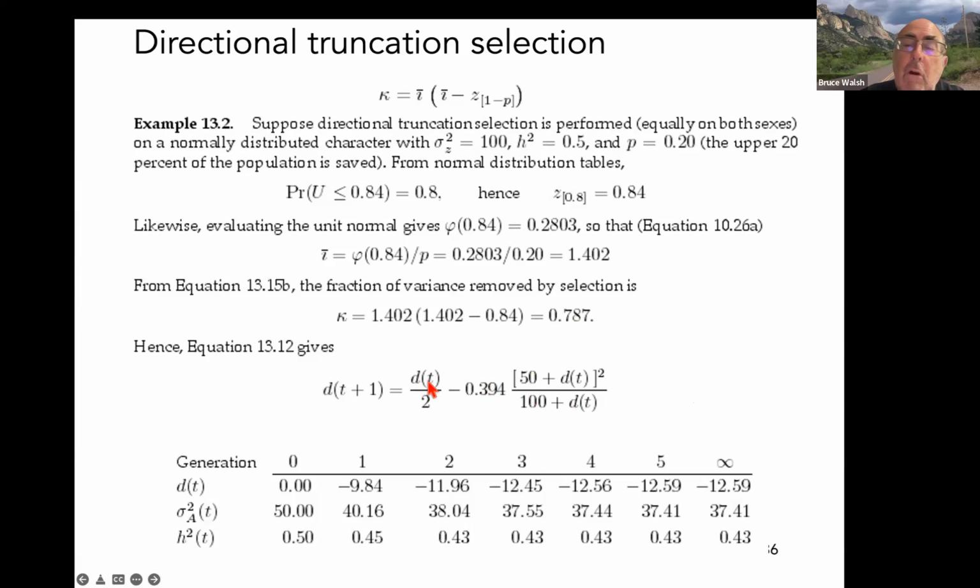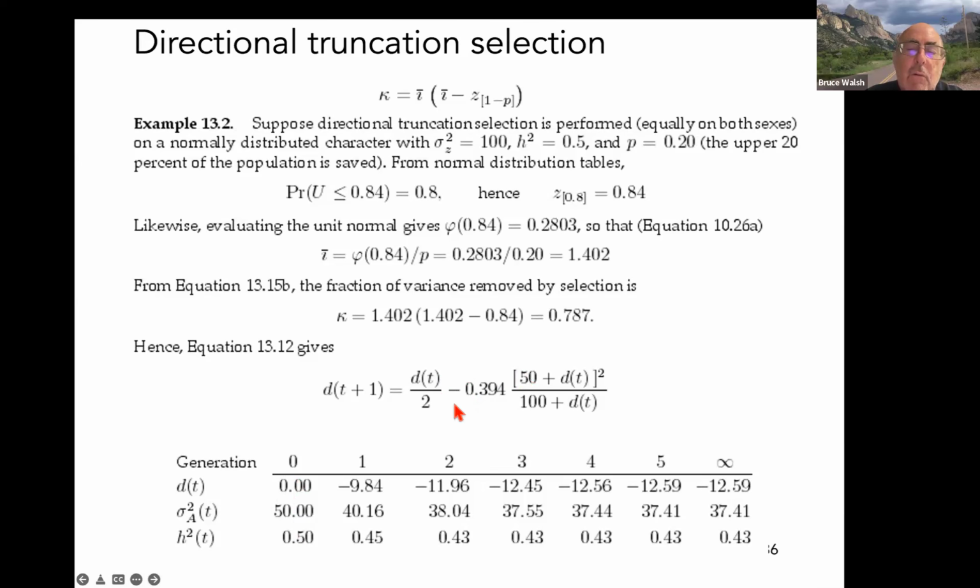So at generation 0, you've got 50 plus 0 squared divided by 100 plus 0. So you basically have 50 squared divided by 100, and then minus 0.39. And this term here is 0. So in the first generation of selection, here's your initial d, here's your added variance, here's heritability.